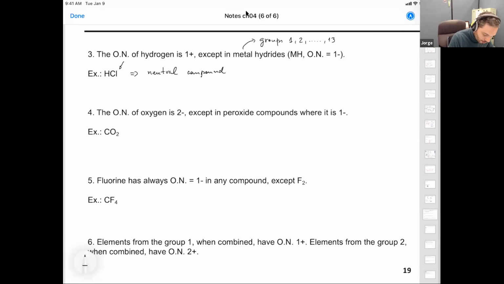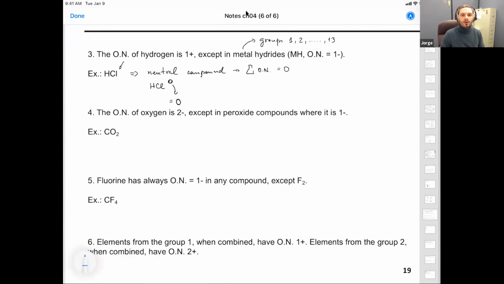If the compound is neutral, that means the sum of the oxidation numbers for all the atoms has to be 0. So let's rewrite HCl, and I'm going to put a 0 just to indicate that the sum of the oxidation numbers is 0. So we are going to equal the sum to 0.